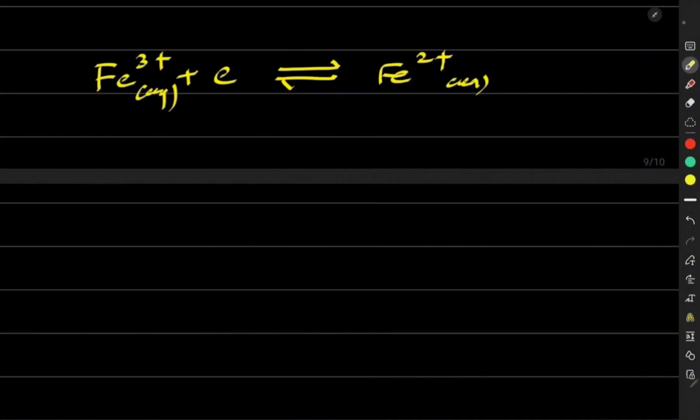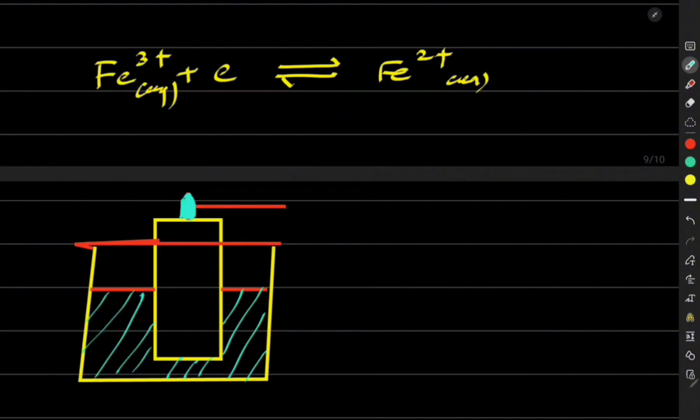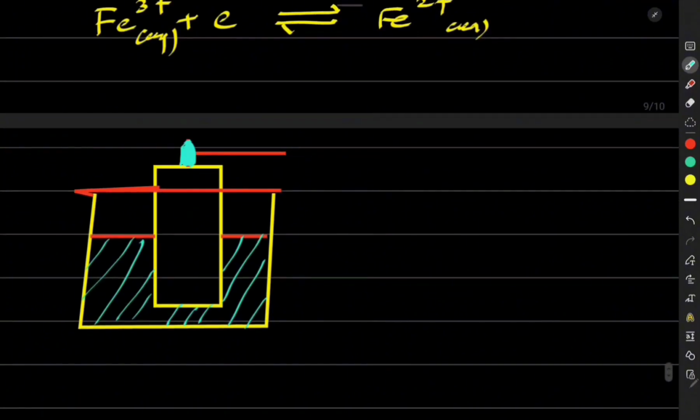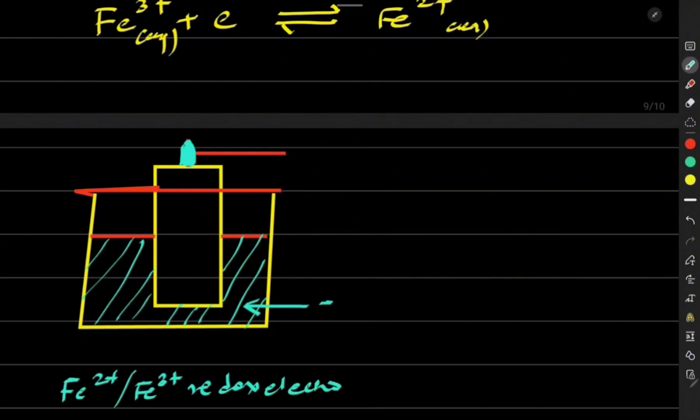Let's draw a redox electrode. This is the Fe2 plus, Fe3 plus redox electrode. In this solution, we have Fe2 plus, Fe3 plus solution, which contains Fe3 plus and Fe2 plus. They will be in aqueous form.